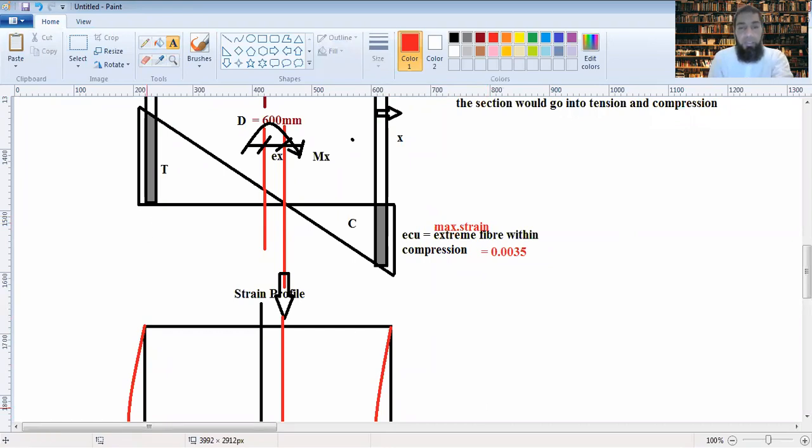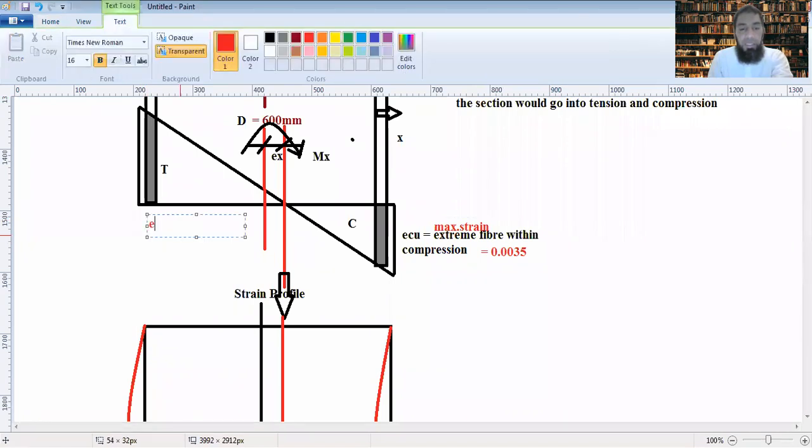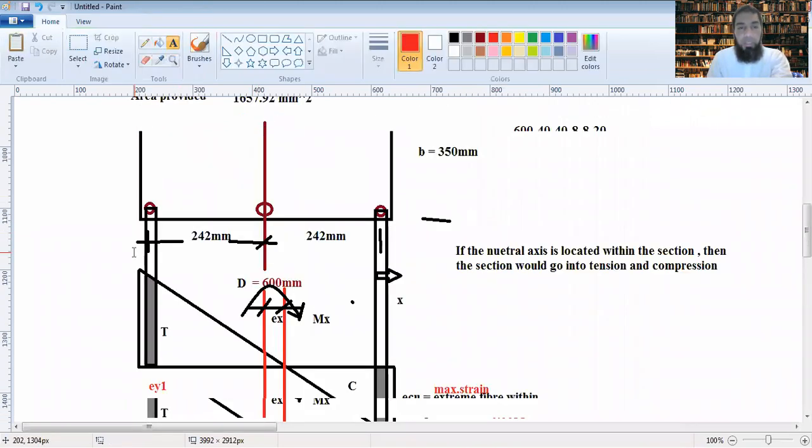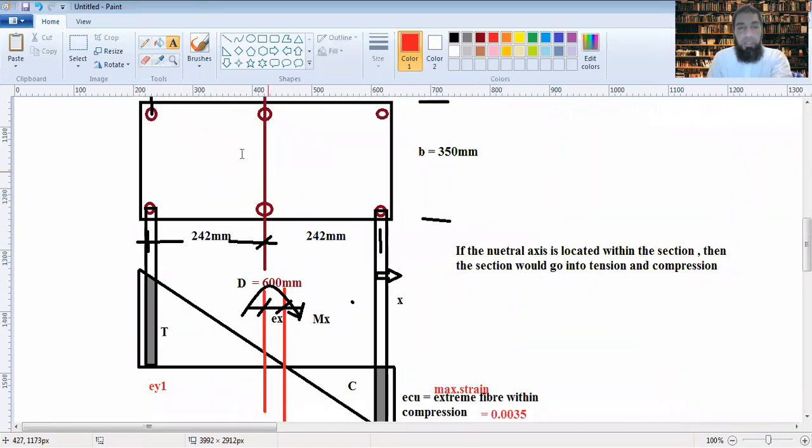Similarly, you would have these steel bars, this one EY1, this is the first steel bar. Yes, we have more steel bars here, these ones.